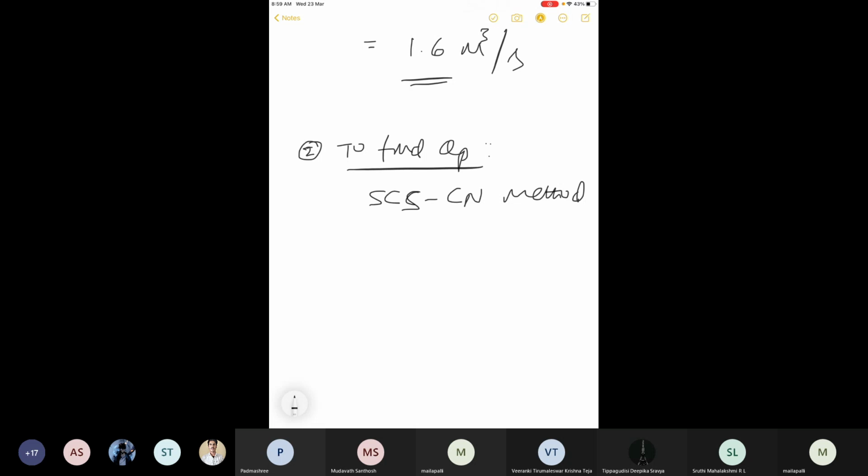This is the Soil Conservation Service curve number method. This method is basically derived from the relationship between rainfall amount and direct runoff.